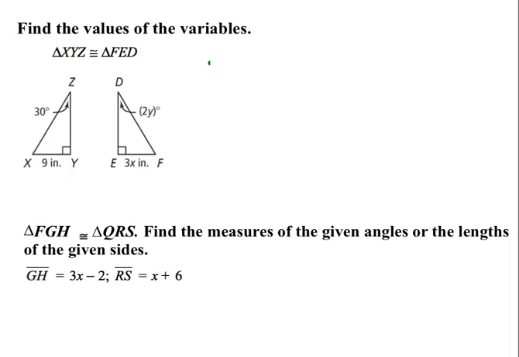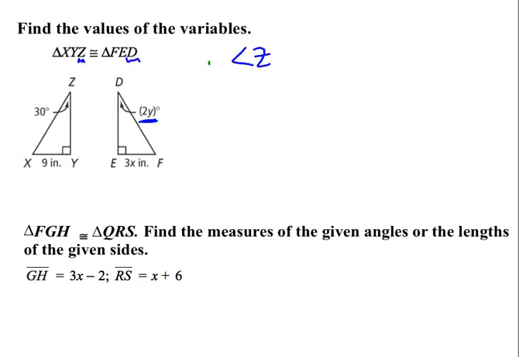Okay, moving on here, find the values of the variables. So they're telling us that these 2 triangles are congruent. So now we have to pick things that are in corresponding positions. If I wanted to find Y, I know that angle Z and angle D are congruent because they're corresponding parts.